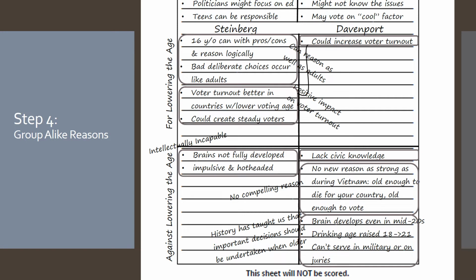I'm sure there were teenagers even back during Rome who were fighting for their country. So history has taught us that these important decisions need to be saved until you're older. We certainly don't do things at the same age that we used to in history. We do them at a lot older of an age.